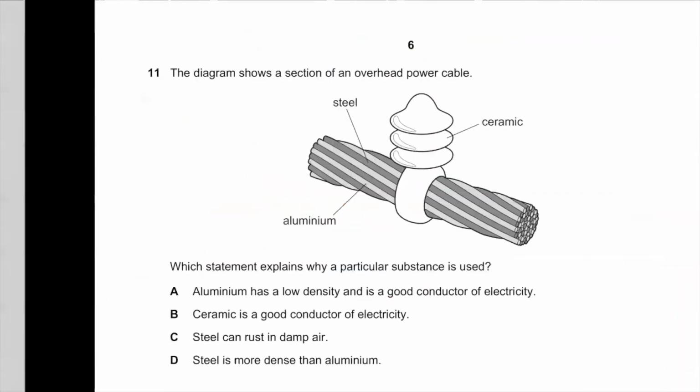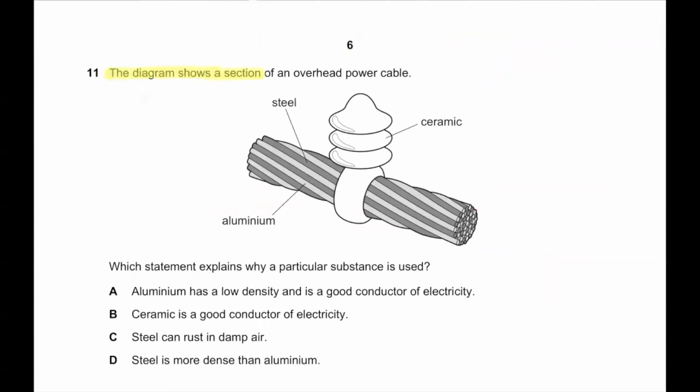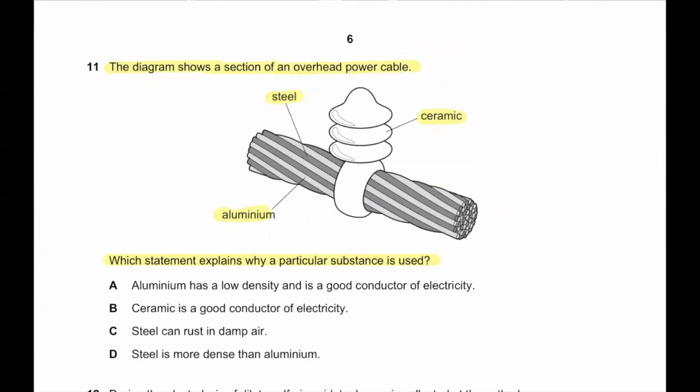Guys, moving on, question number 11. The diagram shows a section of an overhead power cable. We can see ceramic, steel, and aluminium. Which statement explains why a particular substance is used? In here the ceramic is an insulator.